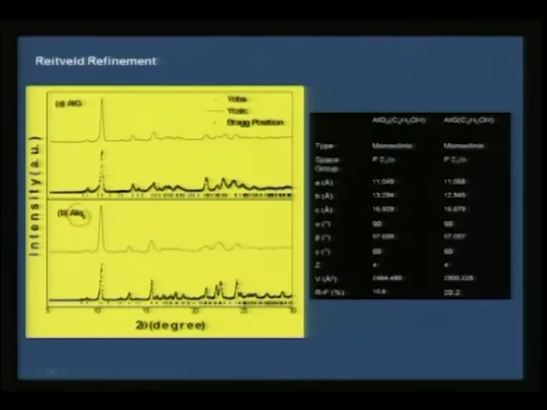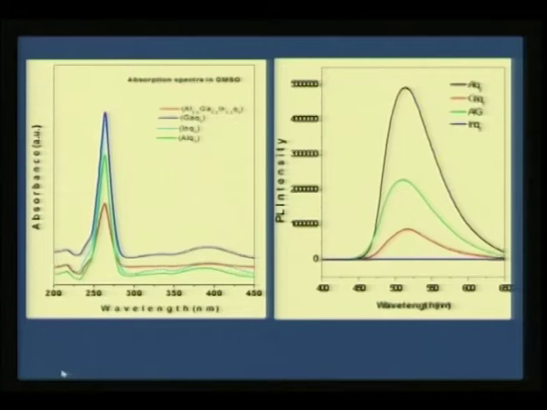Now we can try to refine this data. As you see here, AlQ3 and AAG show a similar X-ray pattern, and we can do the Rietveld analysis, and we can see that both are crystallizing in monoclinic form, and these are the structural data. But what is interesting that I would like to point out to you is the absorption spectra.